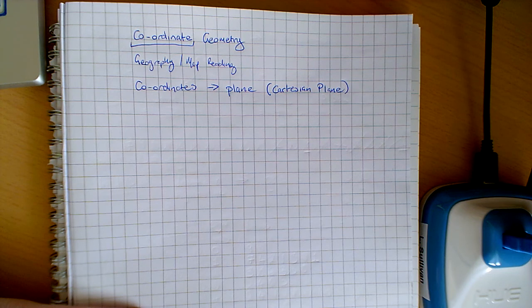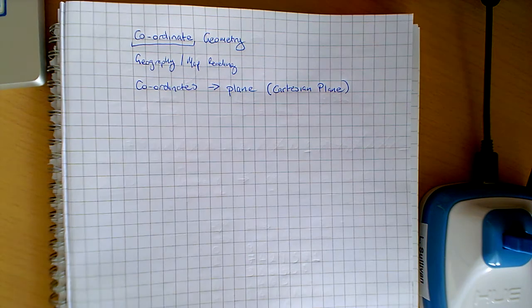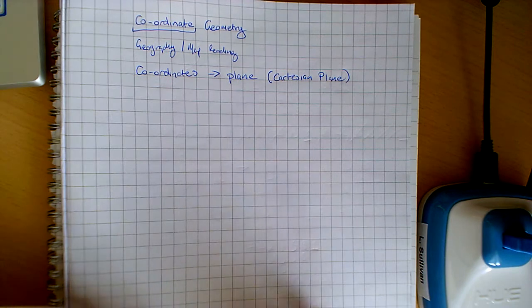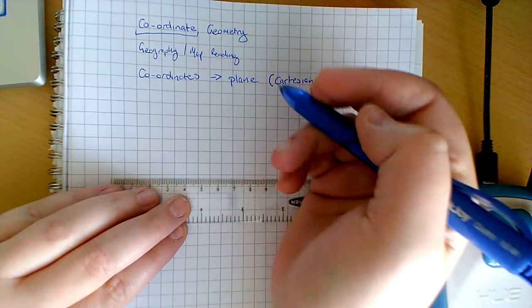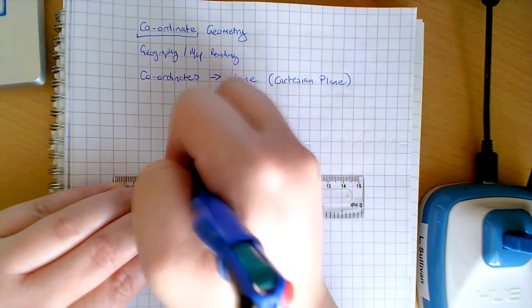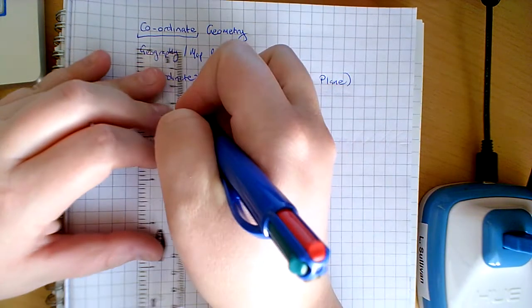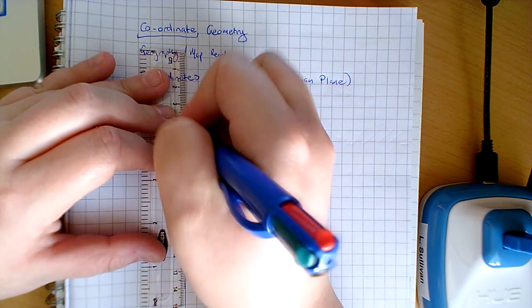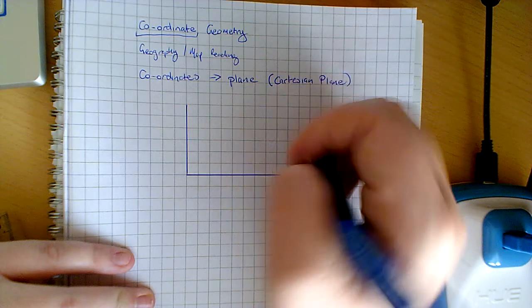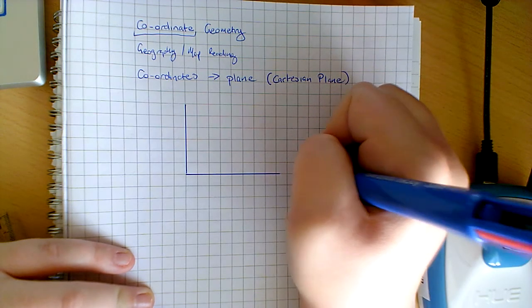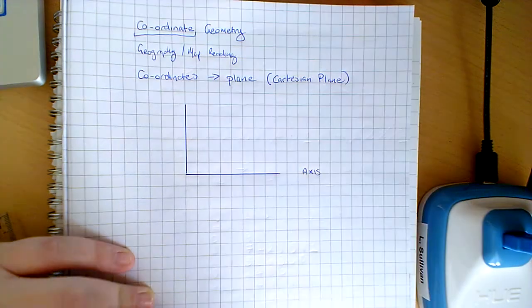So, as with everything in maths, we have a way that we talk about coordinates, and what we have is a grid system that's made up of two lines that we call our axis.